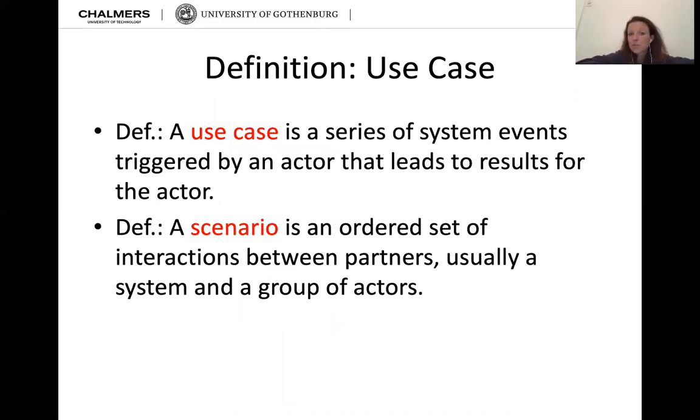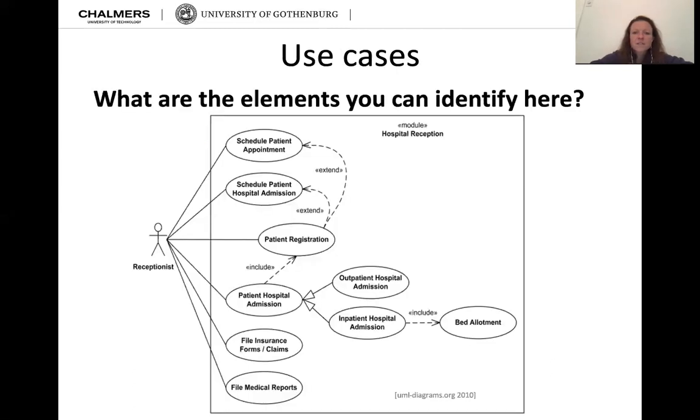I love formal definitions. It's good to have one to get back to. So a use case is a series of system events triggered by an actor that leads to a result for the actor or to results. And in contrast to that, because I often get asked, wait, but you said there are several use cases in here. Yes, each of those bubbles is a use case.